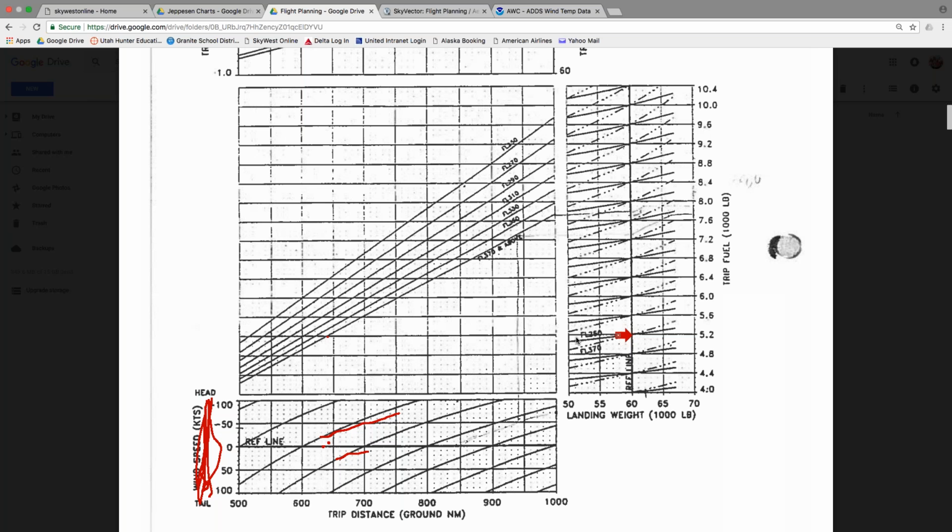I forgot to add in our reserve. So it's our zero fuel plus our reserve. Yeah. So our actual takeoff weight is a little bit heavier than we calculated by about 2,500 pounds.